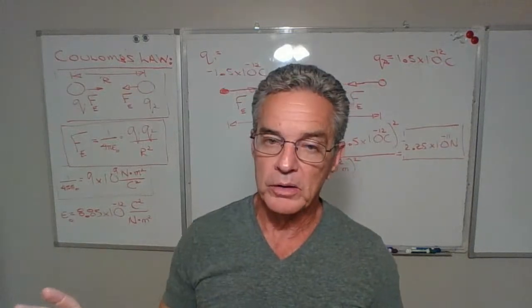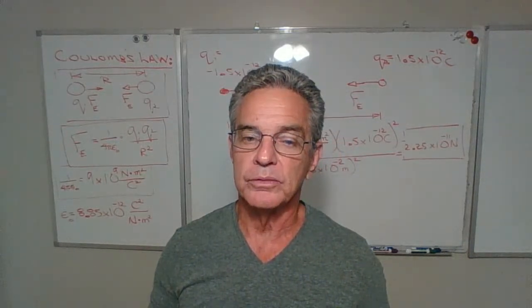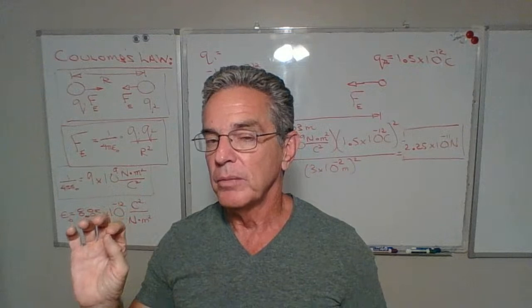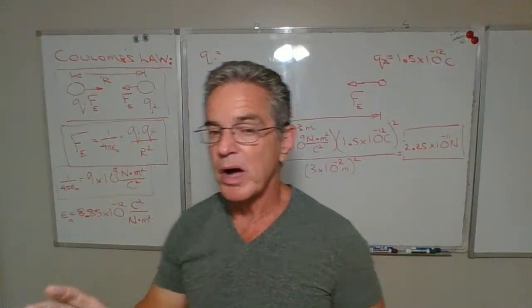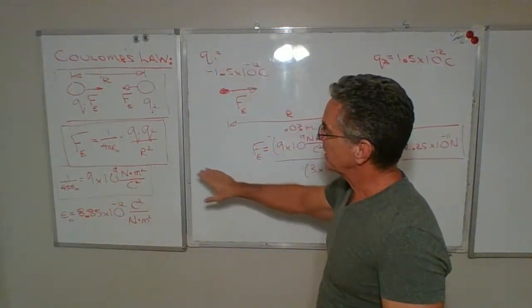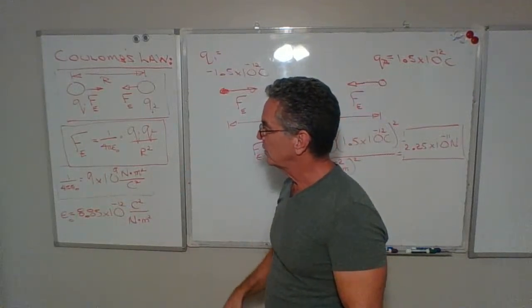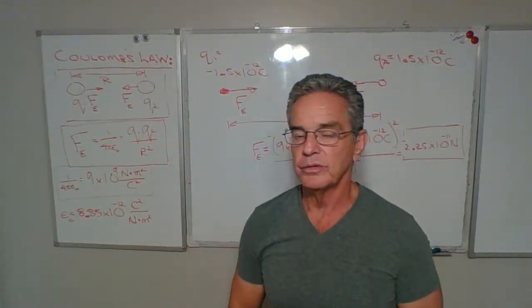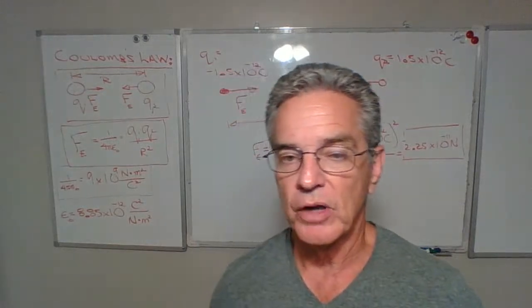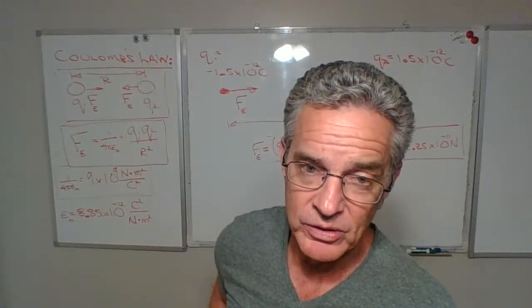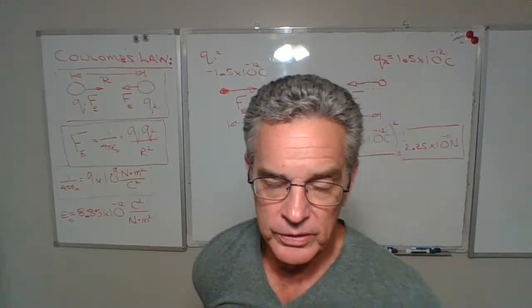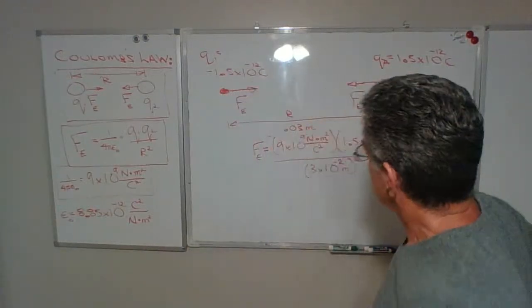They would also repel, and a negative times a negative is a positive. So if you get a positive force from Coulomb's law, that tells you it's a repulsive force. The two charges are repelling each other. If you get a negative answer, that tells you that it's an attractive force. That's all that the negative sign is telling you.